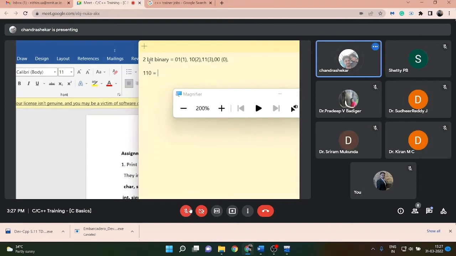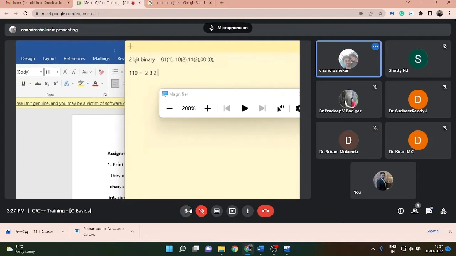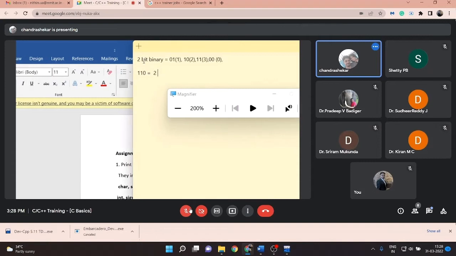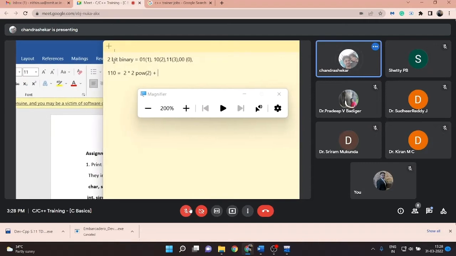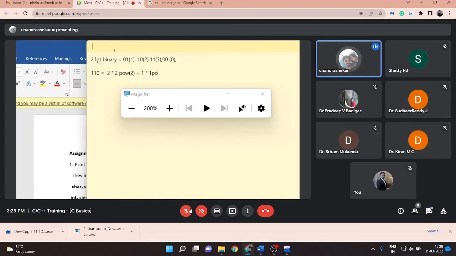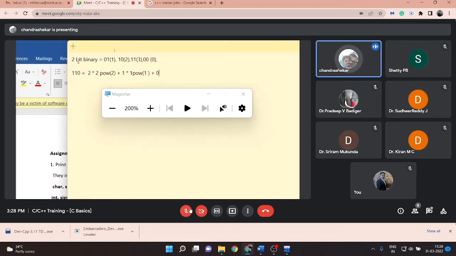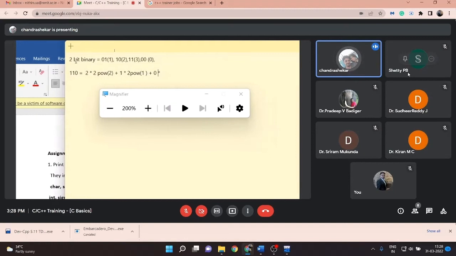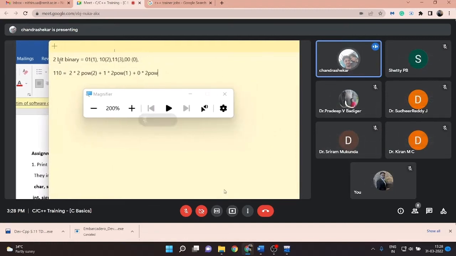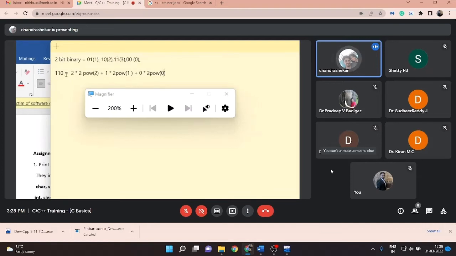It can be converted into decimal as 1 times 2 to the power of 2, plus 1 times 2 to the power of 1, plus 0 times 2 to the power of 0. The powers decrement by position. This is how even decimal numbers are organized.